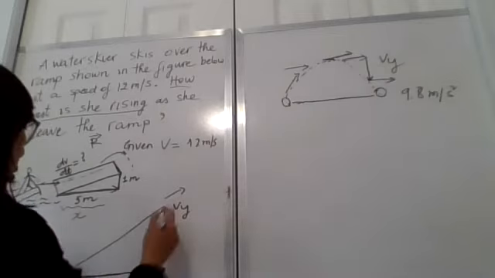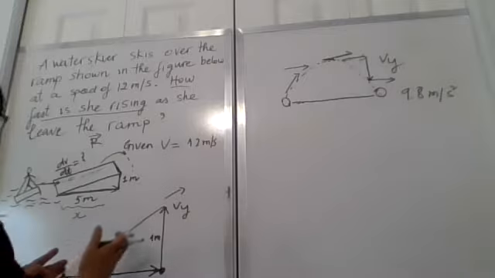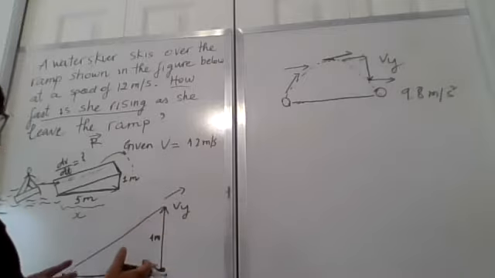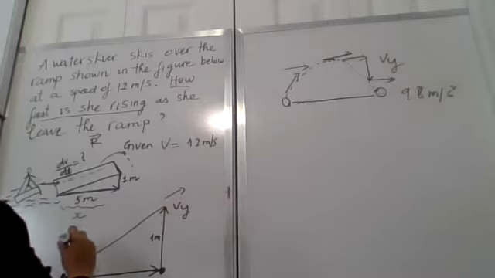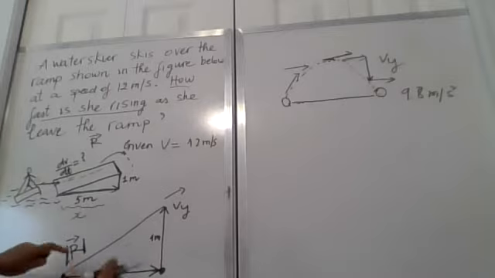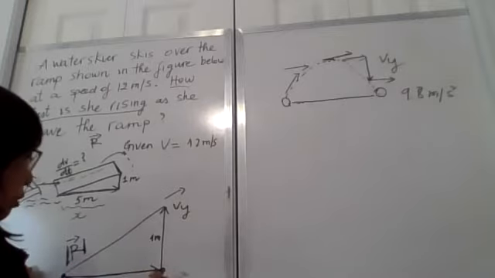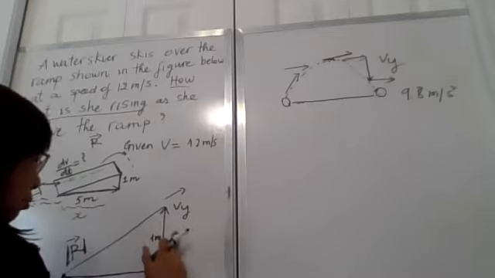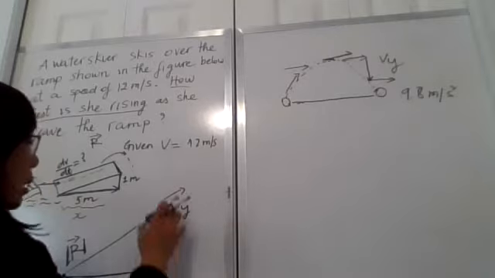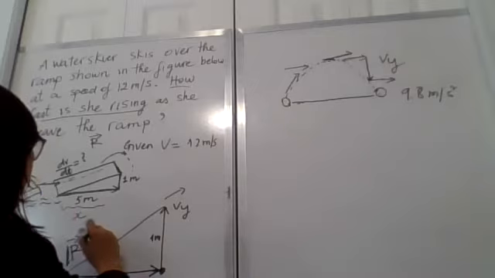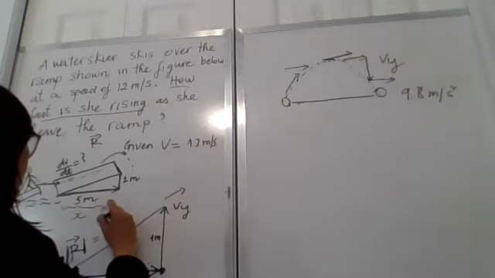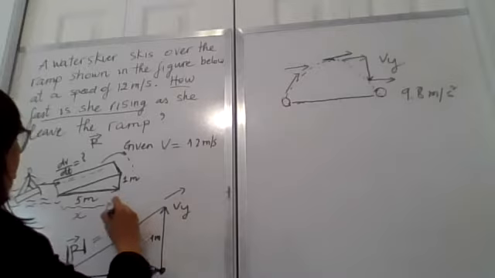For the magnitude of the vector, we can use this vector magnitude notation. We can use the Pythagorean theorem, c squared equals a squared plus b squared. That is a resultant vector, and here it turns out to be the velocity vector.